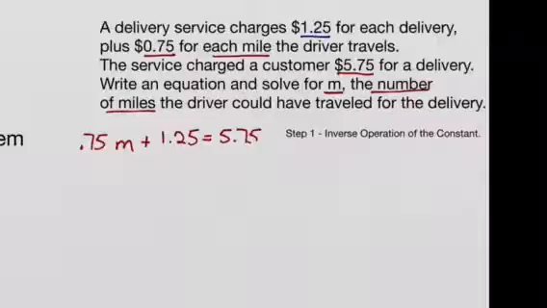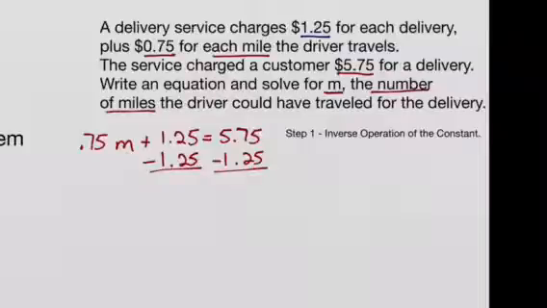So what is the inverse operation? The inverse, first off, means to do the opposite. So I'm going to do the opposite of the operation that the constant is doing. So the constant is right now a positive number, or it's adding, so therefore the opposite of that would be to subtract the same value as the constant. So the constant's $1.25, so I'm going to subtract $1.25 from each side of the equal sign.